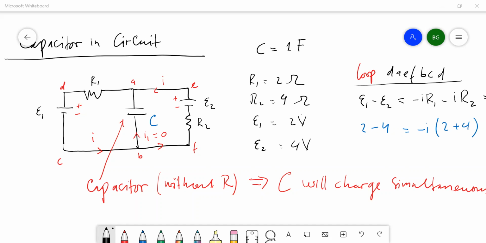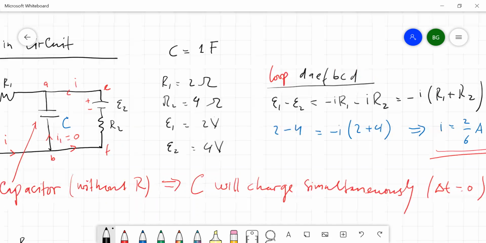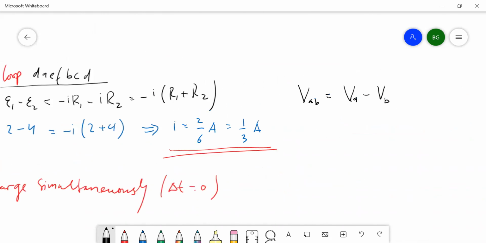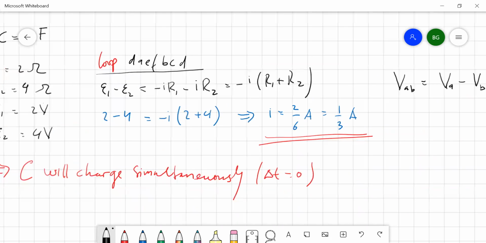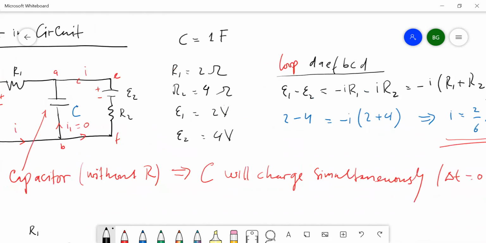We can just use the equation, sir. We can use V equals IR, sir. Okay. So, maybe it's too technical.